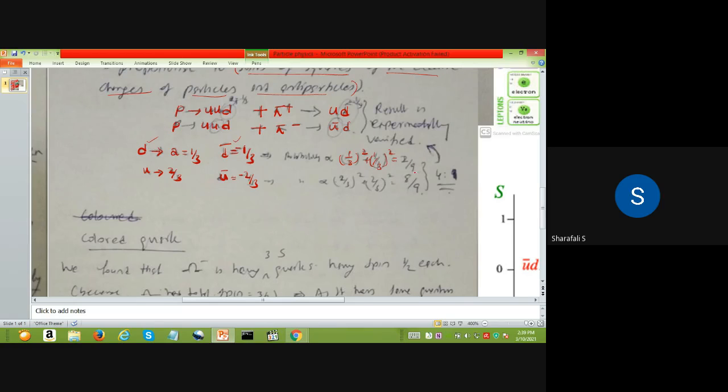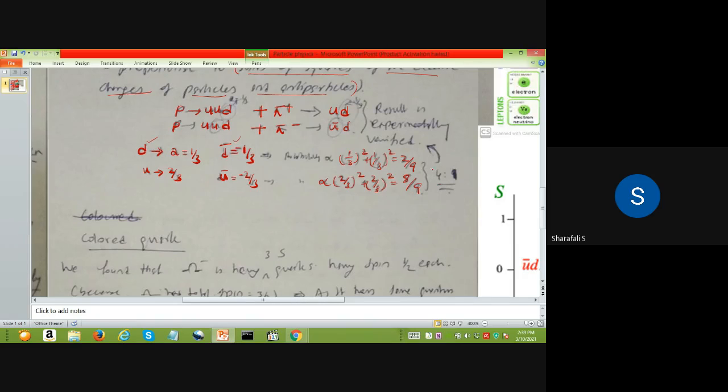So this will produce 1 by 9 plus 1 by 9, so this is 2 by 9. And here, it is 2 by 3 square plus 2 by 3 square. So this will produce 4 plus 4 by 9.